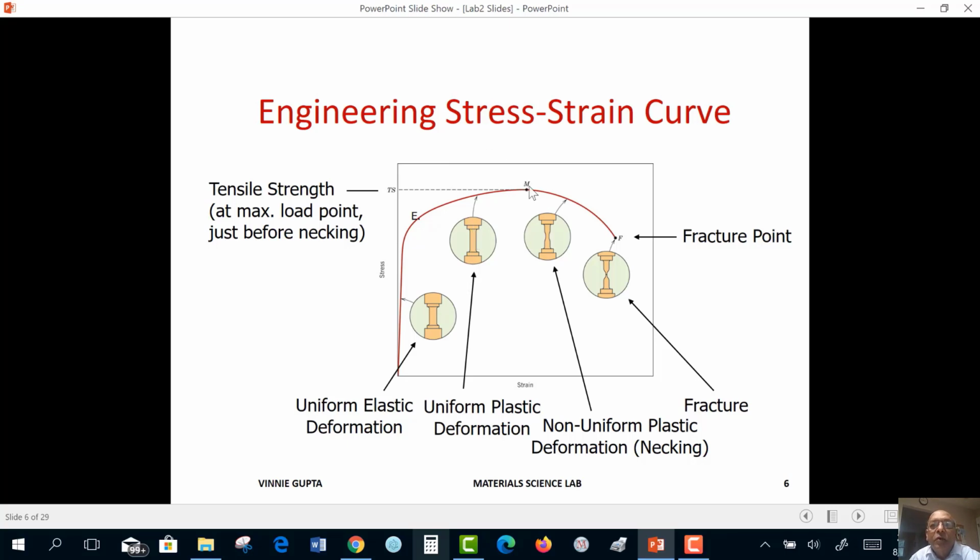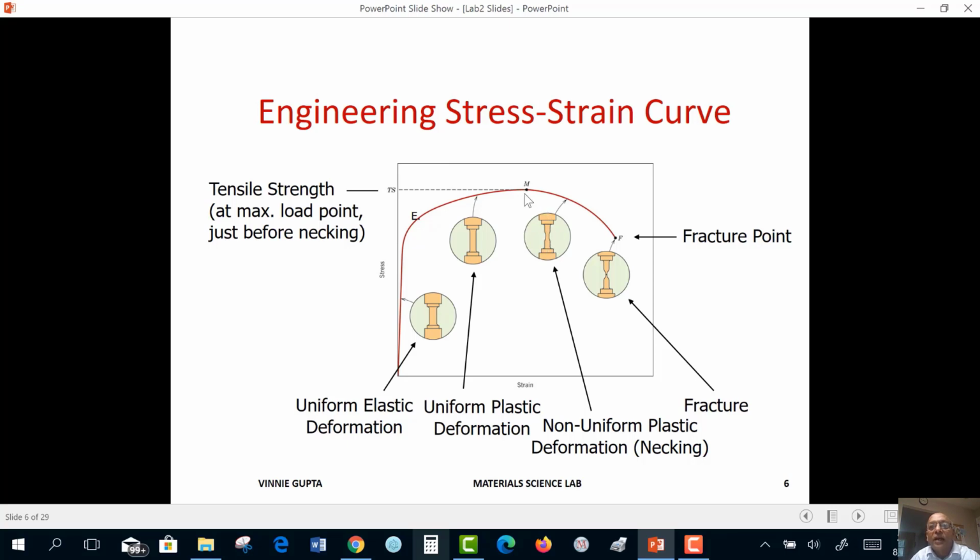Once it reaches this point M, the maxima, the stress at this maxima is called tensile strength. It begins to neck. That means there is some middle region where the diameter changes much more than the rest of the length. So it develops this neck, and from then on, most of the deformation occurs in this necked area.